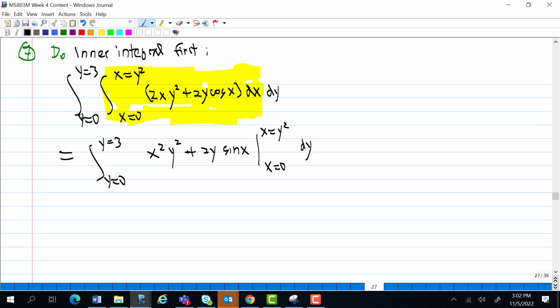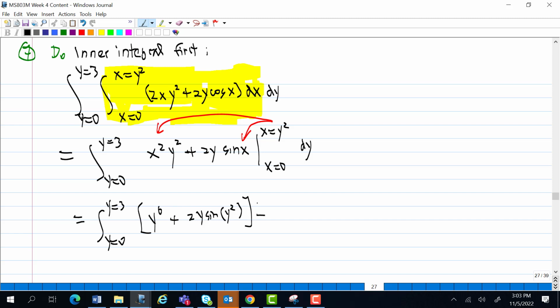So you put in the limit y equal 0 to y equal 3, upper limit first, x equal y squared, and so you get y squared squared, y power 4, so y power 6 now, plus, with x equal y squared, you get 2y sine y squared for the upper limit.